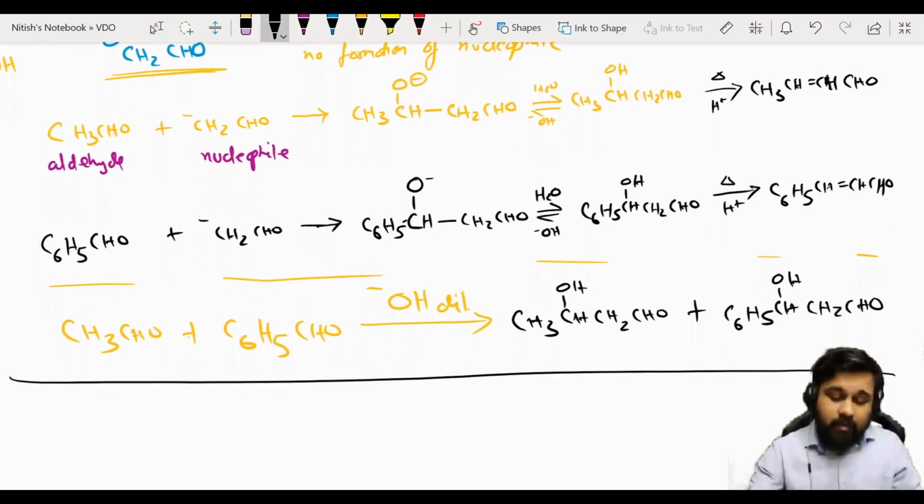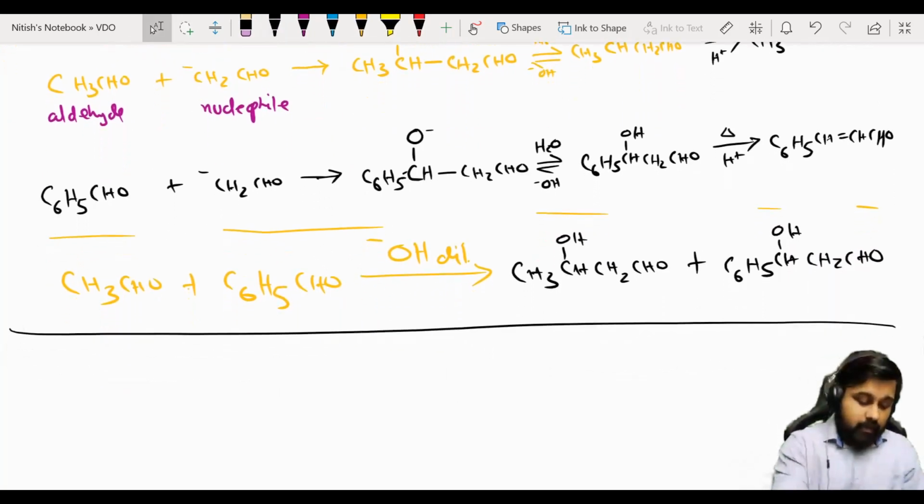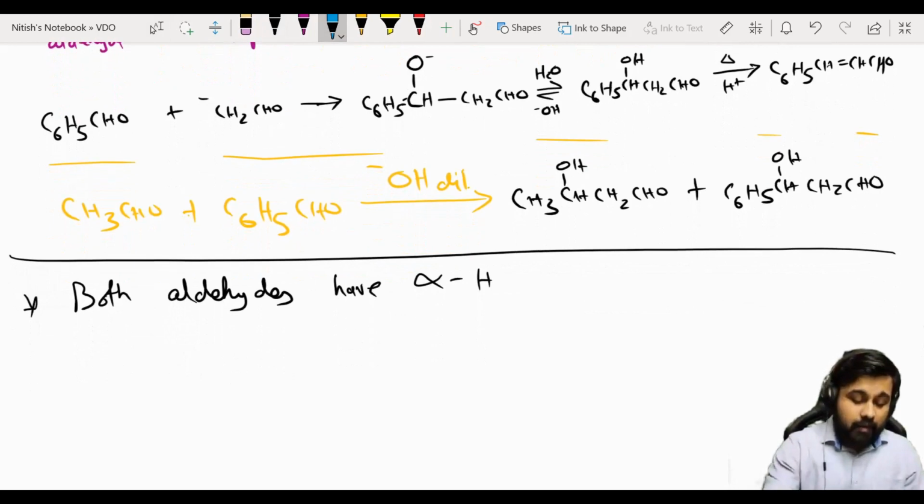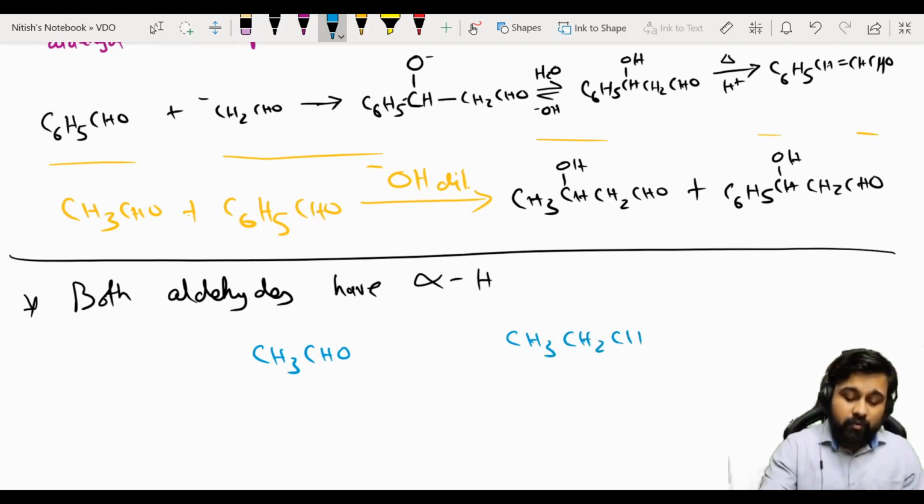The second case is the case in which both the aldehydes have an alpha hydrogen. For example, a mixture of CH3CHO, acetaldehyde, and propanal, CH3CH2CHO.